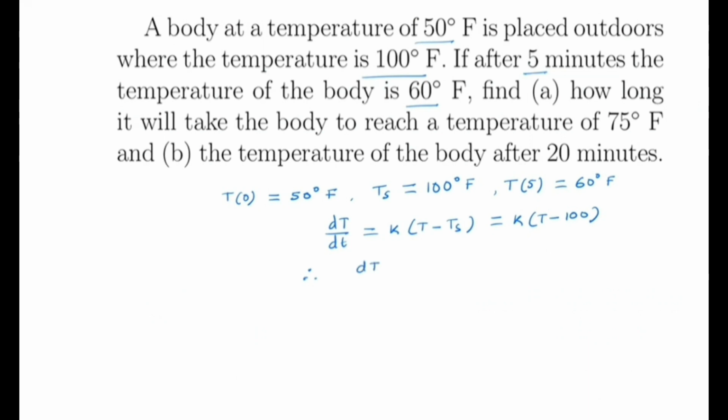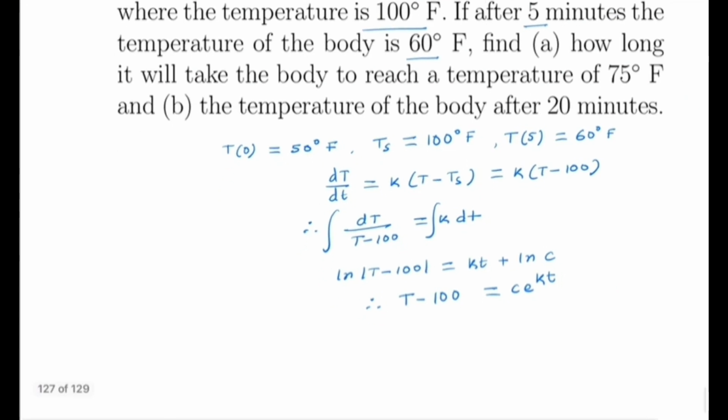Now try to solve this problem. dT by T minus 100 is k dt. Now take integral both sides. So we have ln of T minus 100 is kt plus ln C. So we get T minus 100 is C e power kt. Now, initial condition is T of 0 is 50.